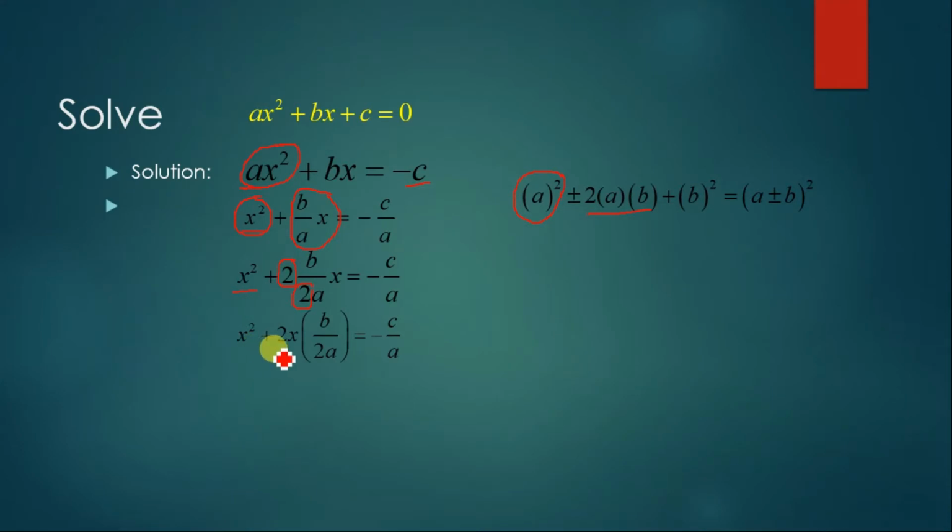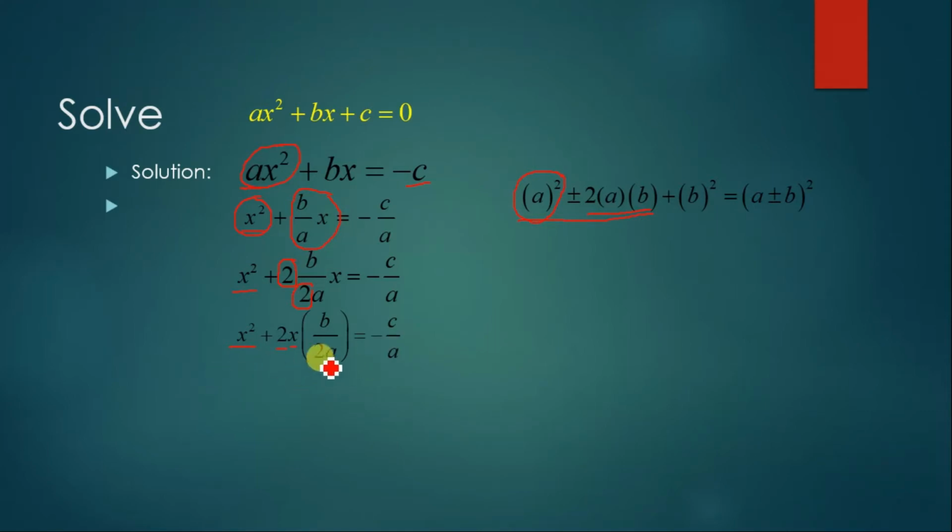Now it can clearly be seen that a is x and b is b upon 2a, equal to minus c by a. I have converted these two terms according to this formula, a squared plus or minus 2ab.